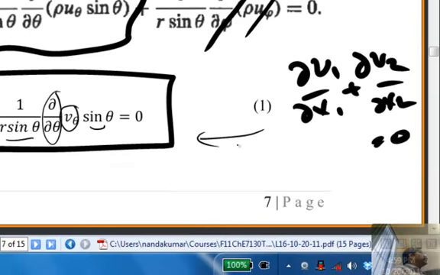Why am I pointing this out? We knew how to introduce the stream function for the Cartesian frame to satisfy the continuity equation automatically. The question is, can we come up with a definition for the stream function in spherical coordinates, or can we take the definition that we have in the Cartesian frame and do a coordinate transformation to find out what it is in spherical coordinates?